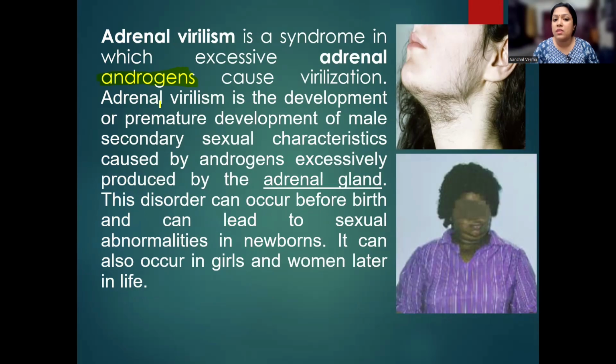Adrenal virilism is the development of premature male characteristics caused by androgens excessively released by the adrenal gland. This disorder can occur before birth and can lead to sexual abnormalities in the newborn, or it can happen later in girls and women, which leads to excessive hair growth on the face, like the males.